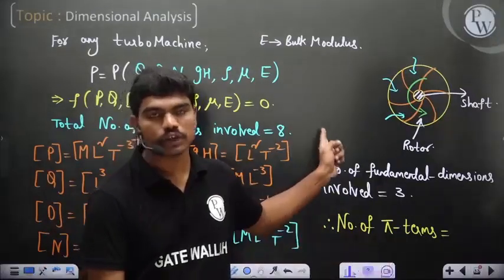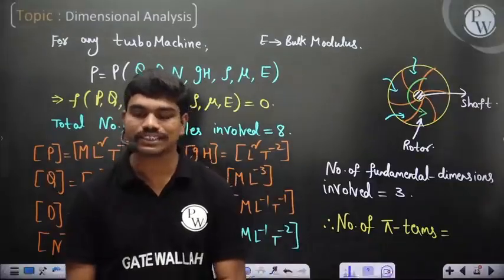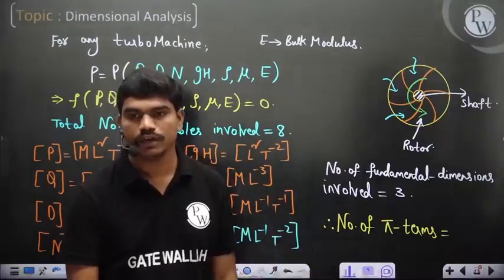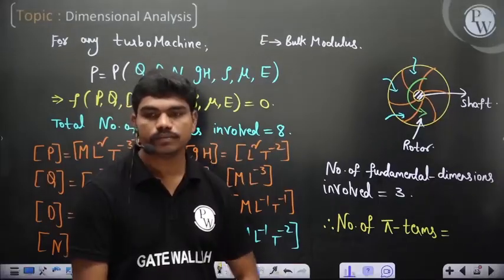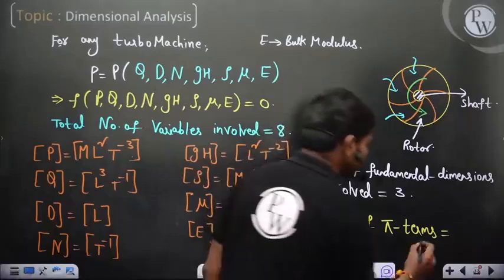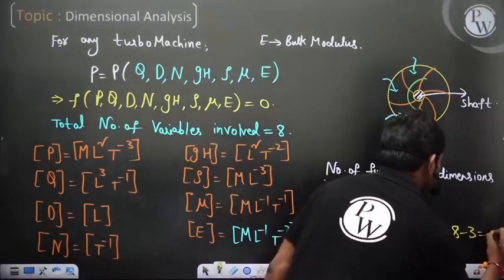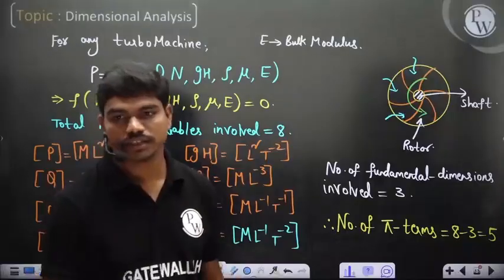Total 8 variables हैं और वो 8 variables 3 fundamental dimensions involve कर रहे हैं. So the total number of dimensionless terms, or the pi terms basically, is how many? 5, correct? 8 minus 3. Right? So in total we have 5 dimensionless terms.